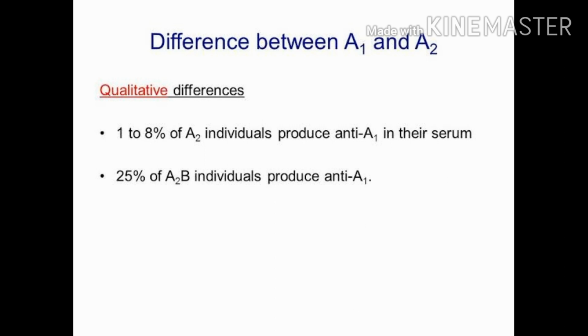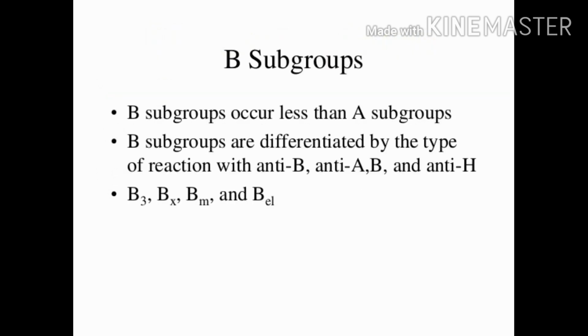Now what's the difference? 1 to 8% of A2 individuals produce anti-A1 in the serum, whereas 25% of A2B individuals produce anti-A1. If we discuss B subgroups, there are also some subgroups in B. The B subgroups are differentiated by the types of reaction with anti-B and anti-AB, and also with anti-H.